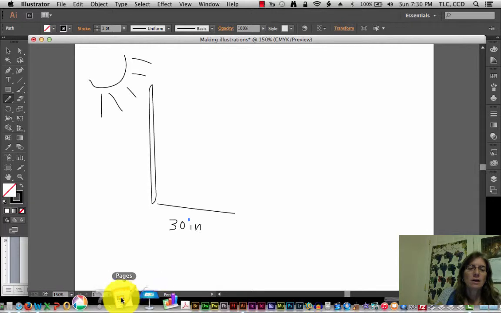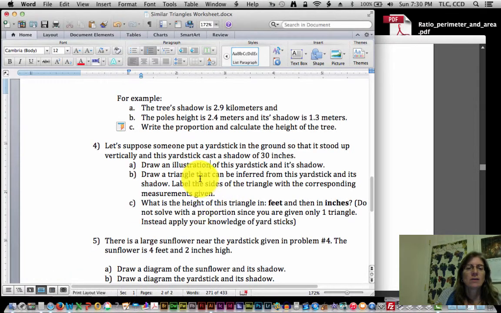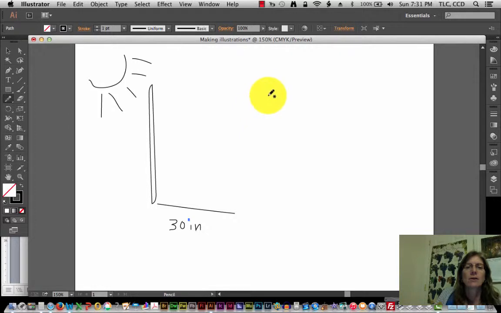Now, the next piece says draw a triangle that can be inferred. This situation can also look like a triangle. We've already looked at making triangles from illustrations. So if you're making a triangle, you would say this line represents the yardstick, this line represents the shadow, and this line represents closing the triangle.